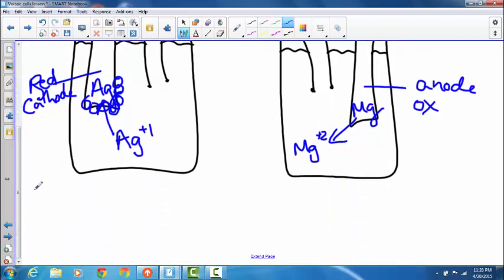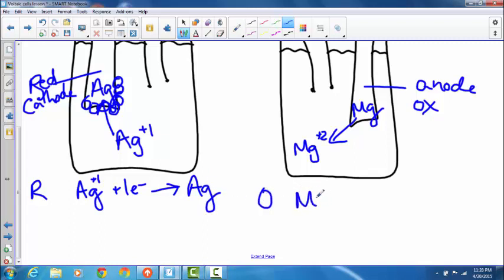All right, down at the bottom, this is my reduction. I have Ag plus 1, plus 1 electron, forming silver. And over here on the oxidation side, I have Mg becomes Mg plus 2, plus 2 electrons.